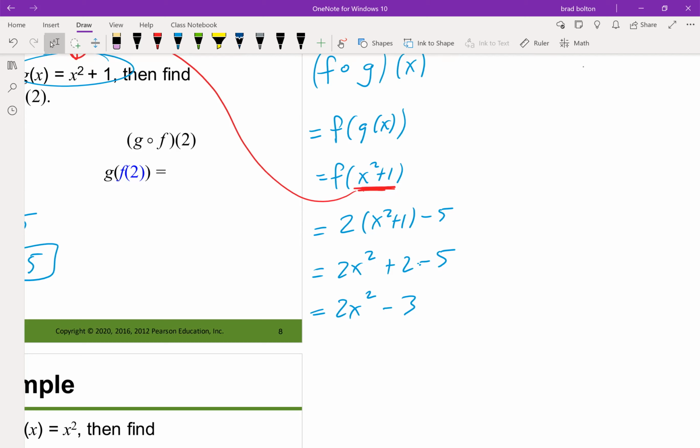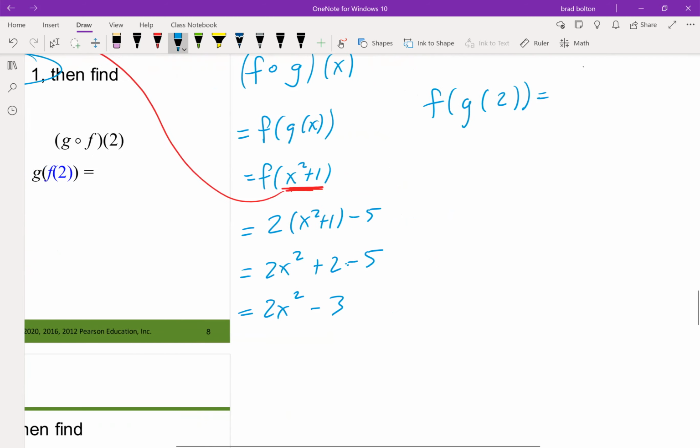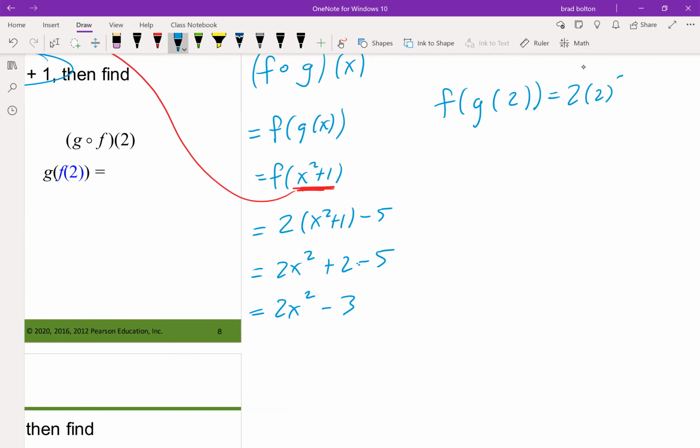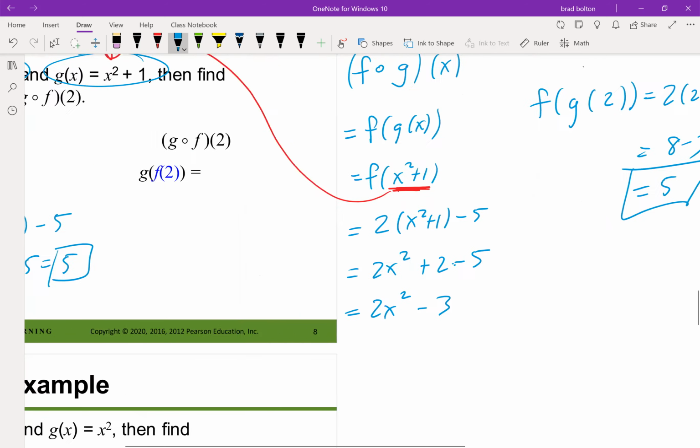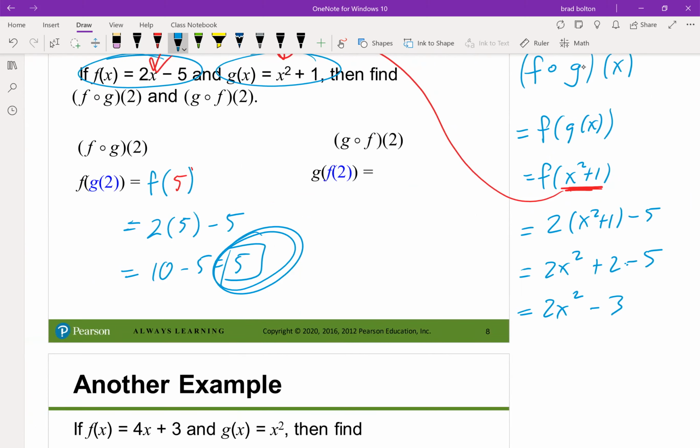So technically, I could now say f of g of 2 equals 2 times 2 squared minus 3. And that would be what? 8 minus 3, which is 5. So notice that answer is the same as the answer over here. That's because they're both doing the same thing. But in this particular problem, they told us from the beginning that we're going to plug 2 in.